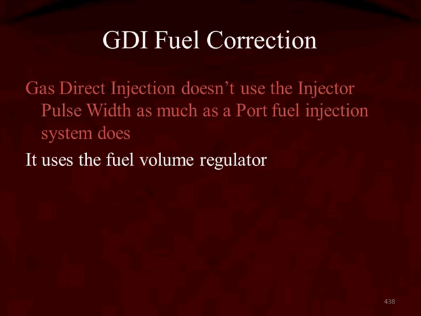For example, it uses the fuel volume regulator instead of controlling injector on time, and it does a little bit between 5 and 7 milliseconds, but what it's really doing is changing the volume of fuel available at the common rail in order to inject the correct amount of fuel.